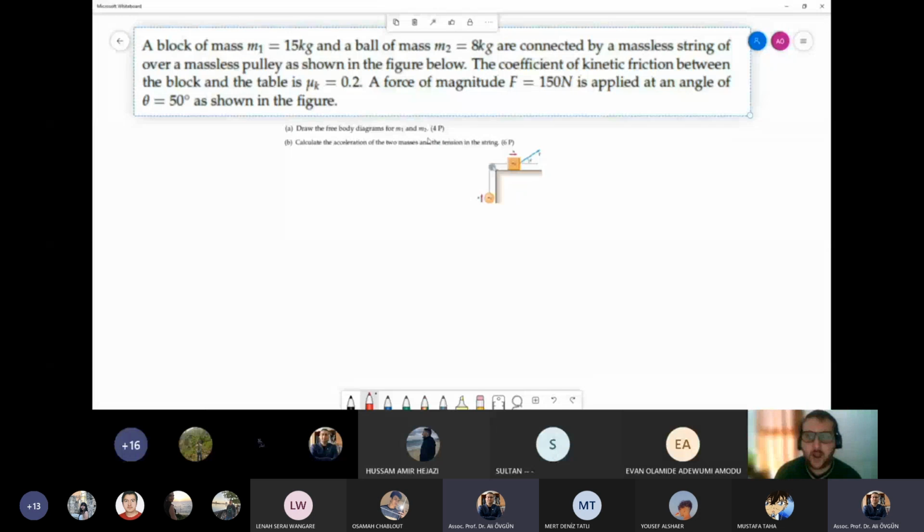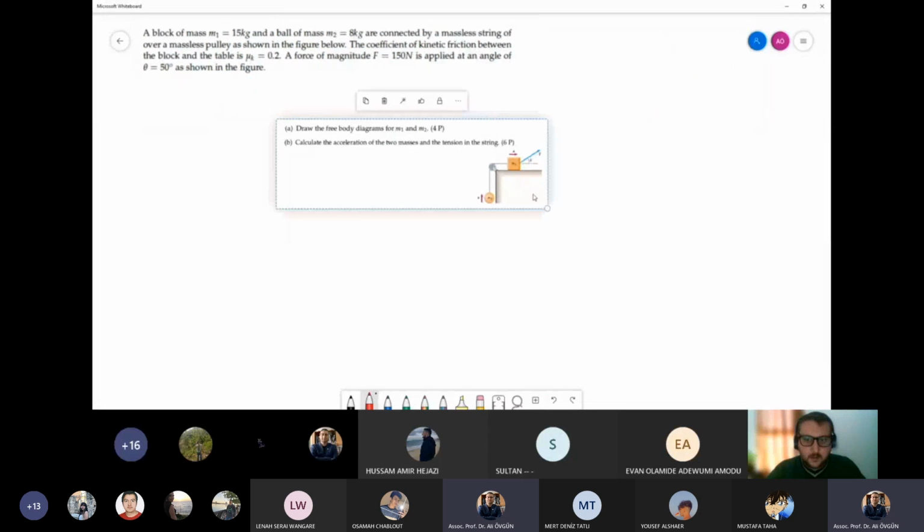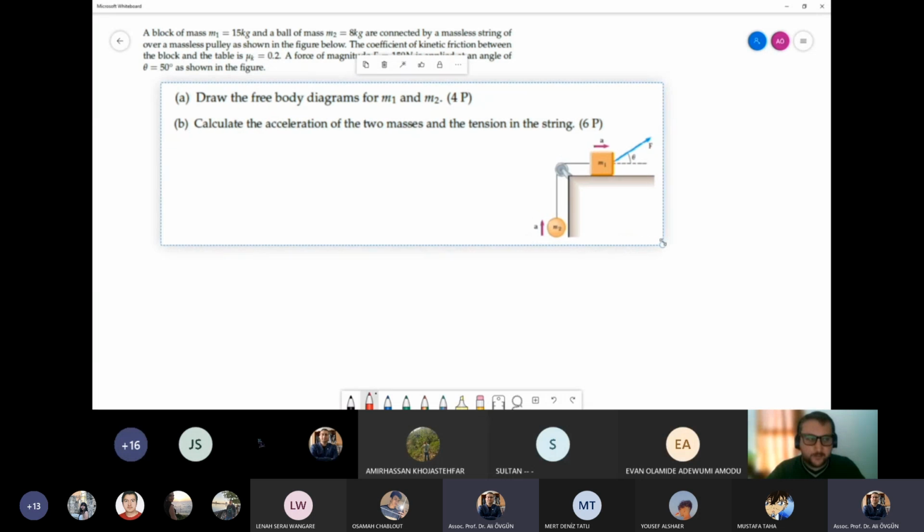The coefficient of kinetic friction between the block and the table is mu k equal to 0.2, and a force of magnitude F equal to 150 Newtons is applied at an angle of 15 degrees as shown in the figure. First, draw the free body diagram for M1 and M2, then calculate the acceleration of the two masses and the tension in this spring.